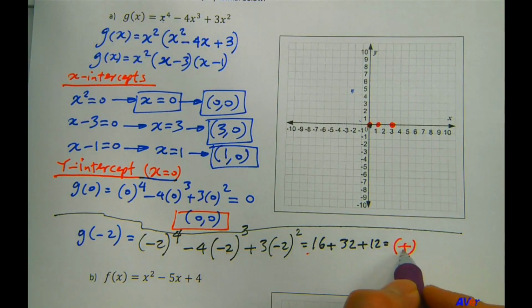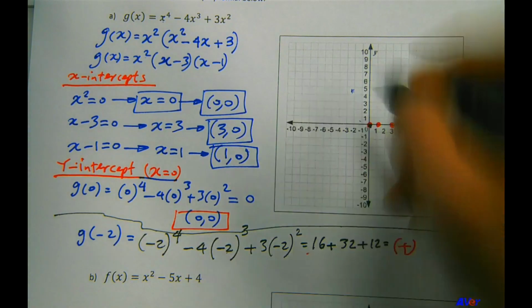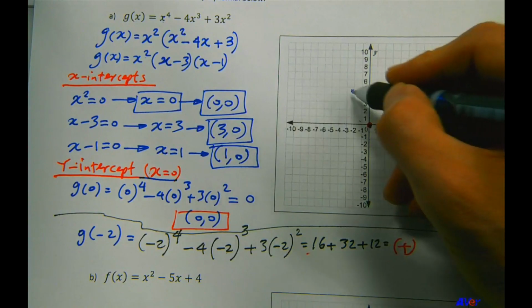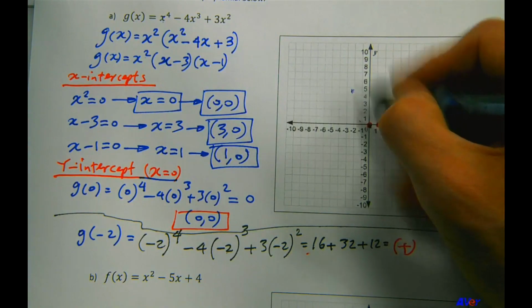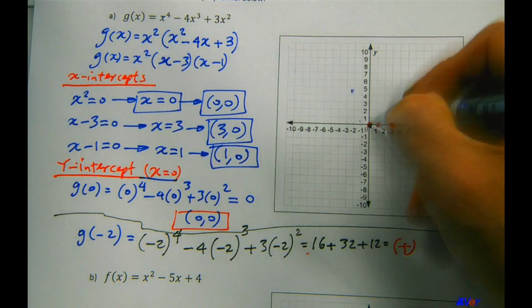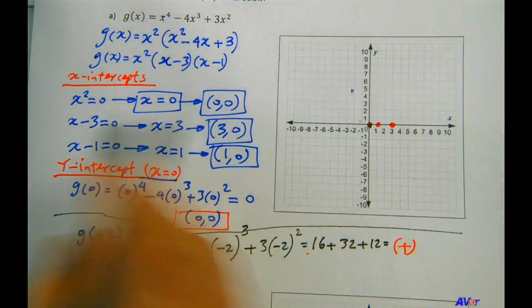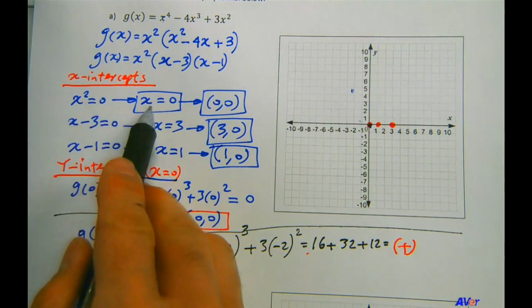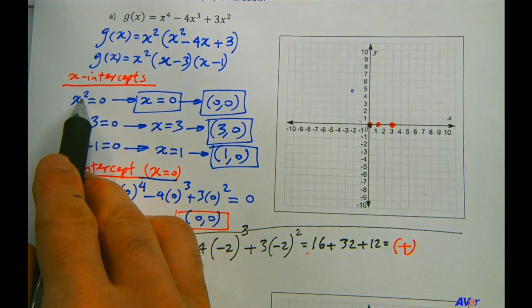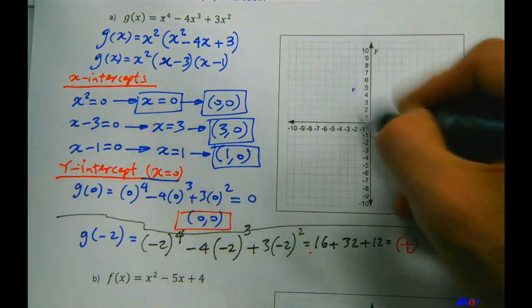We care about the sign of it, the algebraic sign. It's positive. So the line, we established, is coming from way up high here. It's coming down from here. When it hits (0, 0), that zero has even multiplicity, so it's going to bounce back to the same side.